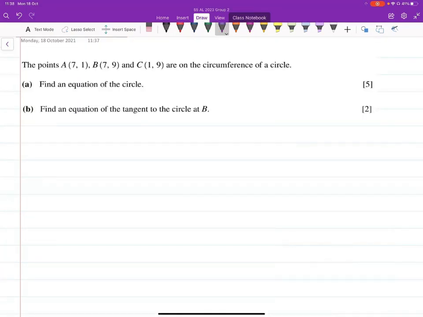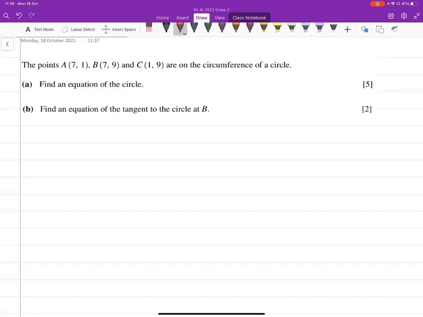Okay, so now we've got points A, B, and C that are on the circumference of a circle. Given these 3 points, we have to find the equation of the circle. Now that sounds a bit tricky. Using this, we have to somehow find the equation of the circle.